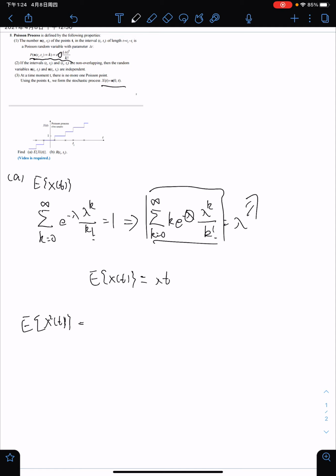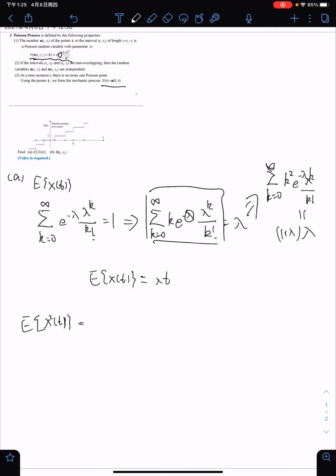From this formula, we can get, using the same method, the derivative method, this equals 1 plus lambda times lambda.